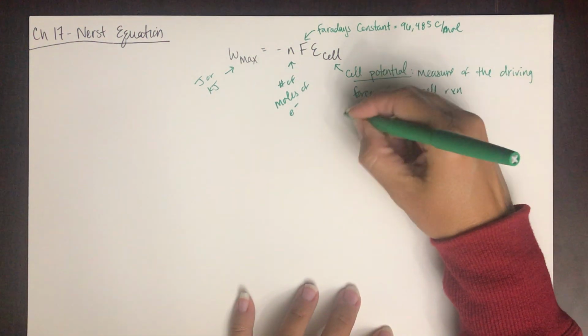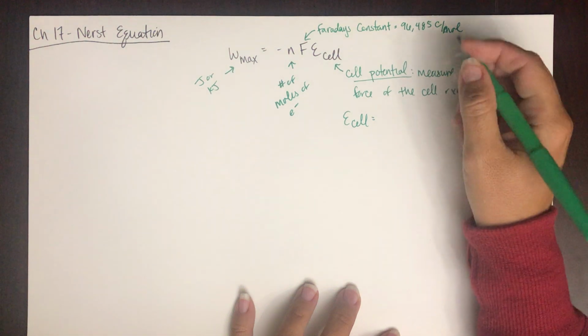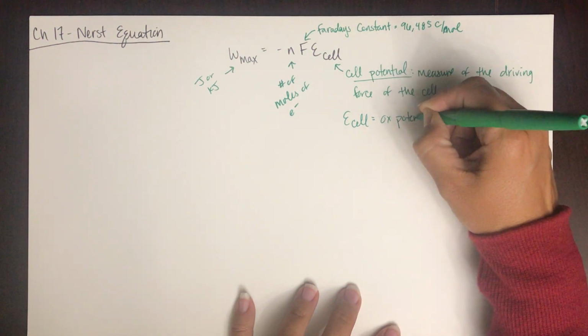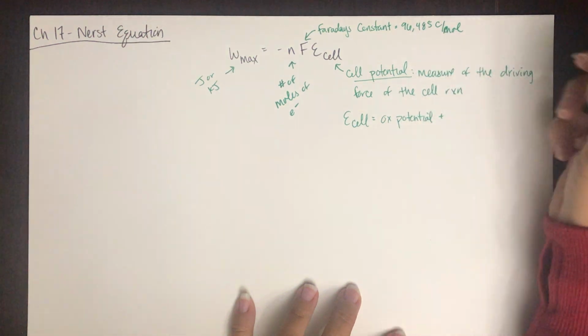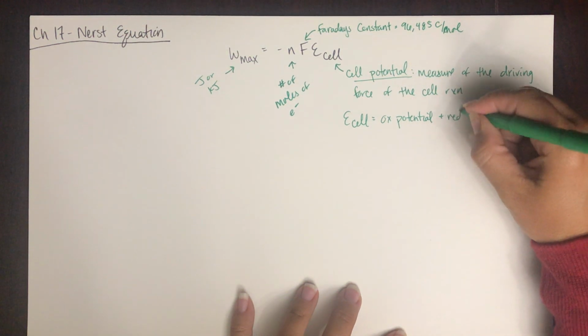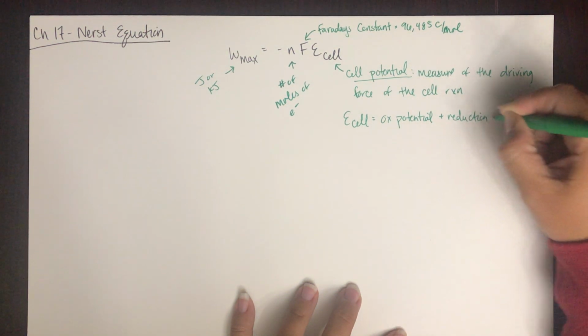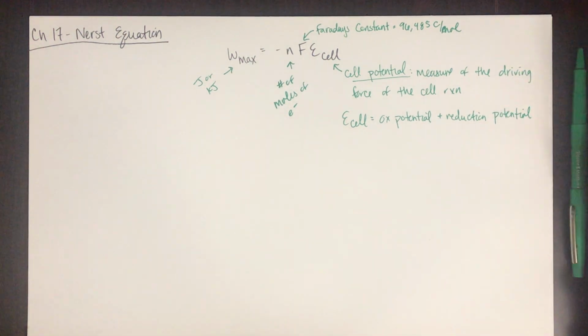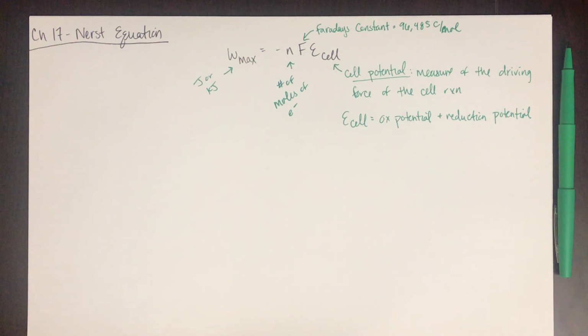The way we calculate E cell is E cell equals the oxidation potential plus the reduction potential. The oxidation potential and the reduction potential are things that you would look up in a textbook, or it would be given to you in a chart.